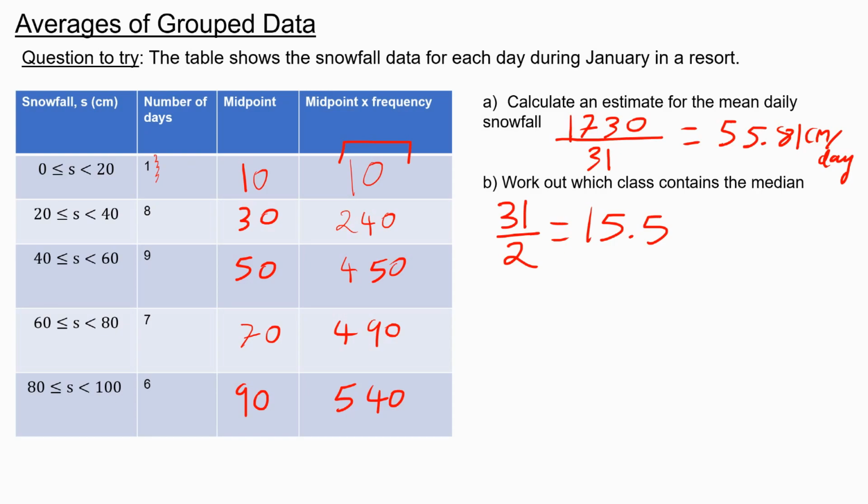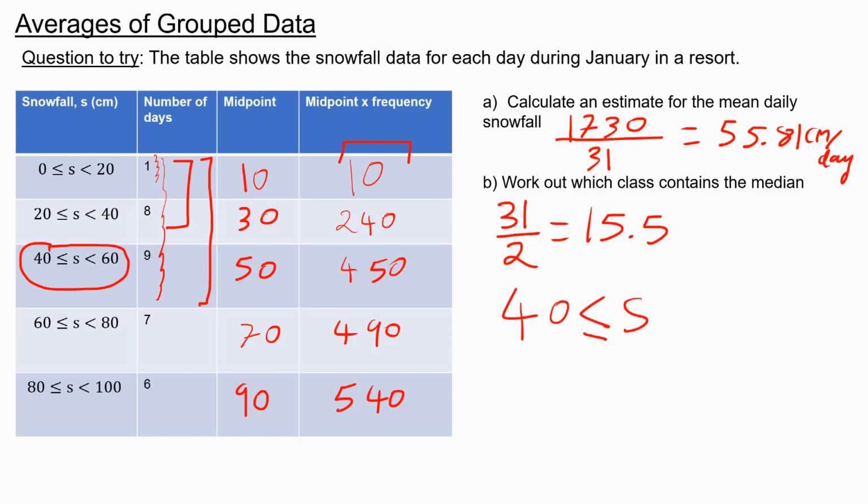I do my cumulative frequency. 1 plus 8 is 9, plus 9 again is 18. So the first 9 values are between 0 and 40. And the first 18 values are between 0 and 60. So that means the 15.5 value is between 40 and 60. So the class that contains the median is 40 is less than or equal to S is less than 60.